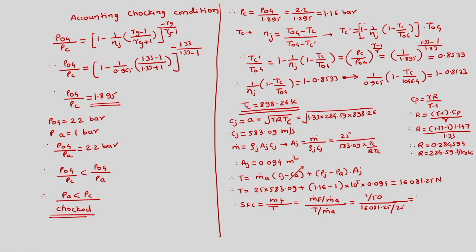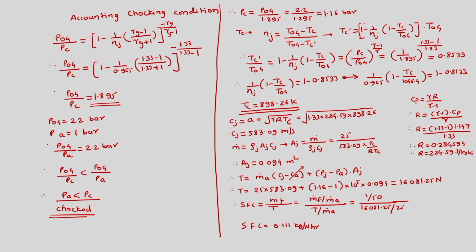So, this gives us the value, and we have to multiply this by 3600 to get the number in the units of hours. So, we will get 111 kg per Newton hour.